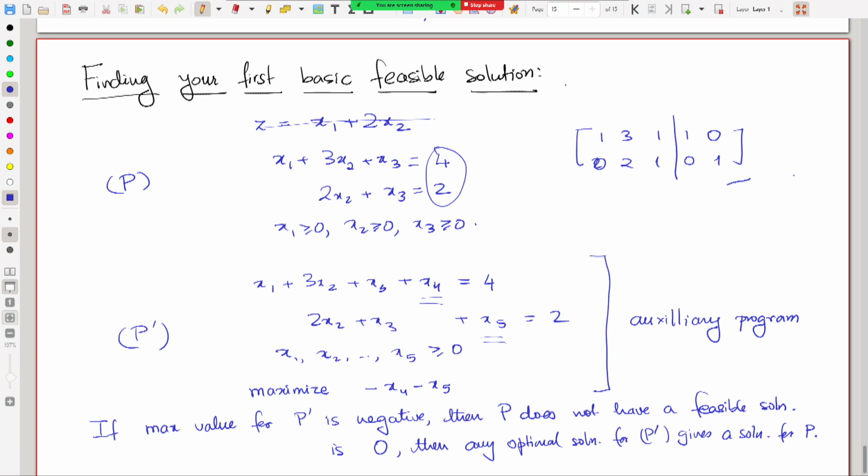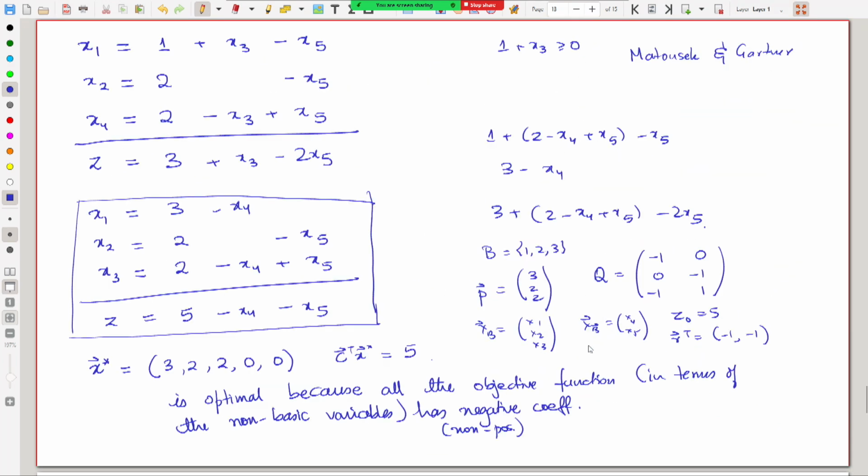And once you start out with a basic feasible solution, the way pivoting works is you will always end up with another basic feasible solution, because you are increasing the variable only to the extent that is allowed, without making any of the other variables negative.